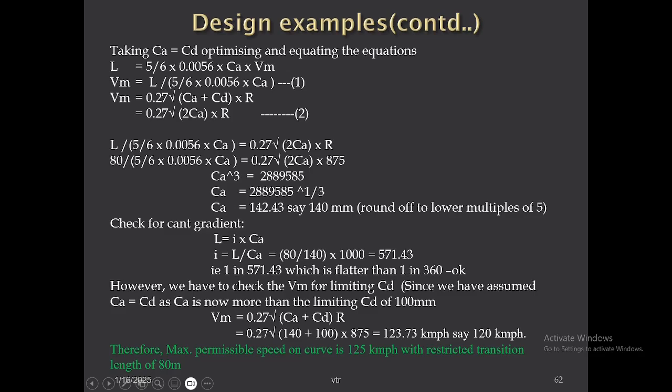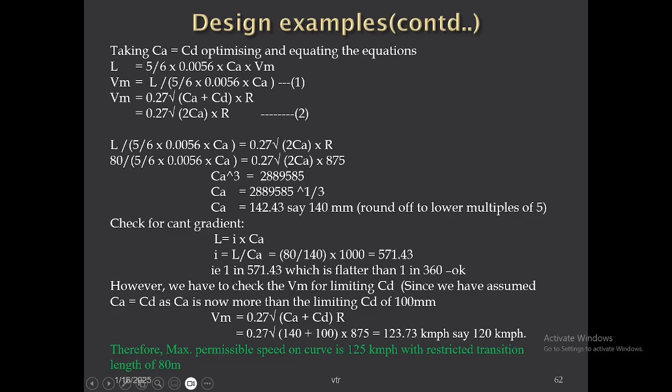But we have to check for cant gradient. Keeping the restricted length of transition 80, we calculated CA equal to 140 mm. So again we check the cant gradient. 140 mm for 80 meter.